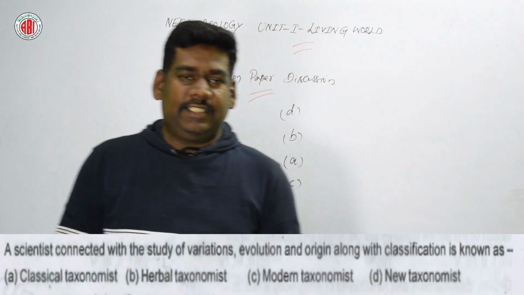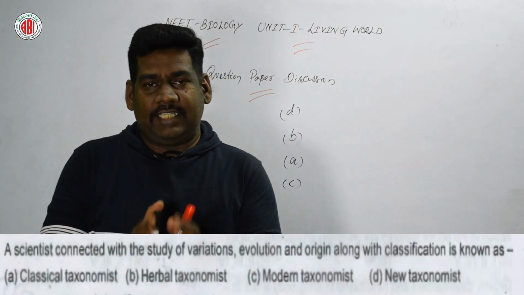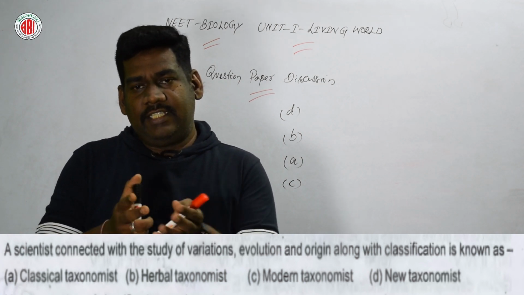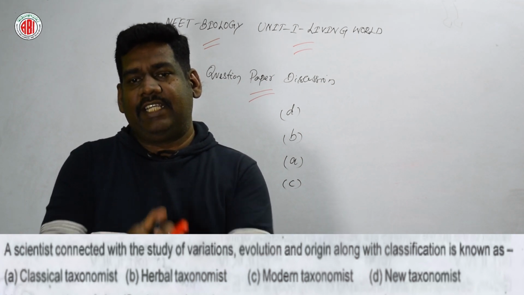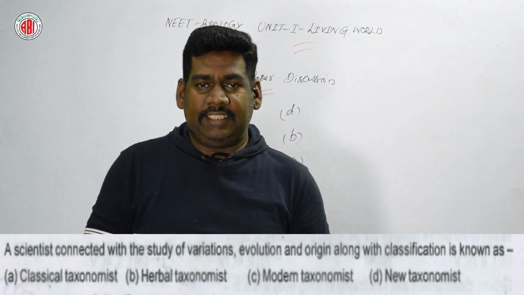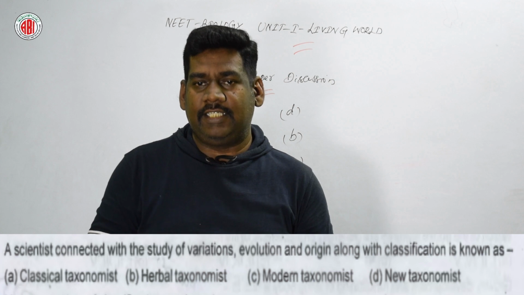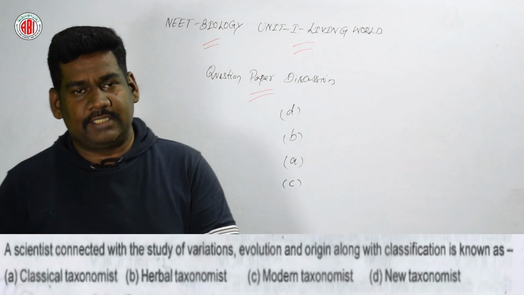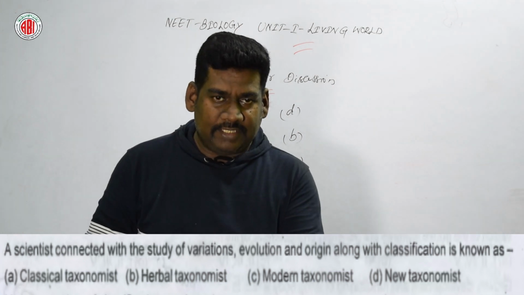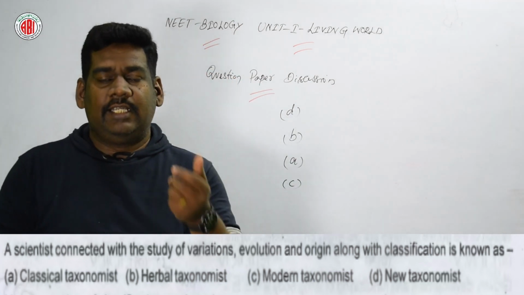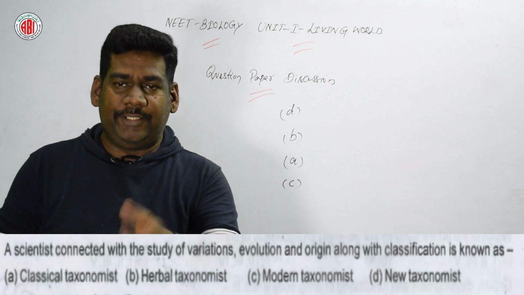A scientist connected with the study of variations, evolution and origin along with classification, which is said to be. So it is a branch of science that deals with variation, evolution, origin along with classification. Now let us see the options. Classical taxonomist, herbal taxonomist, modern taxonomist or new taxonomist.